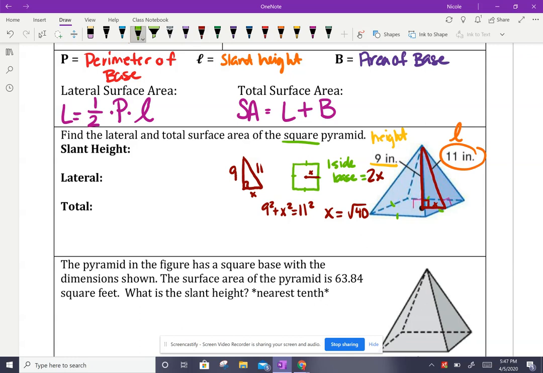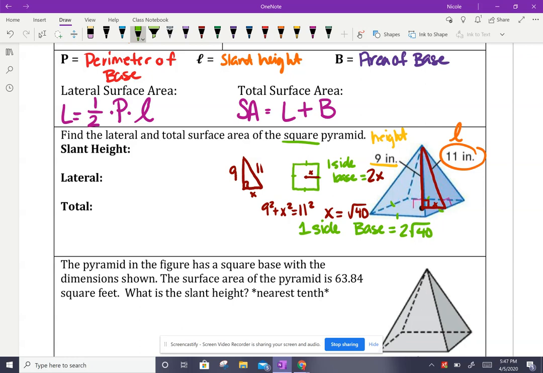So one side of my base is equal to 2 root 40 because I just double it. If you want to go ahead and put that as decimal, you can. Right now, I'm just going to leave it as a radical so that as I go through and do my multiplication, it's a little easier to deal with.